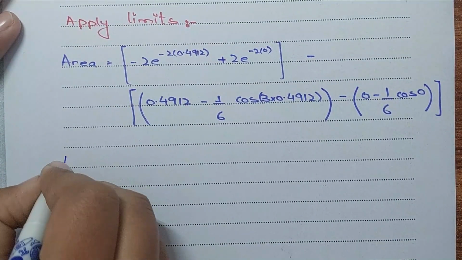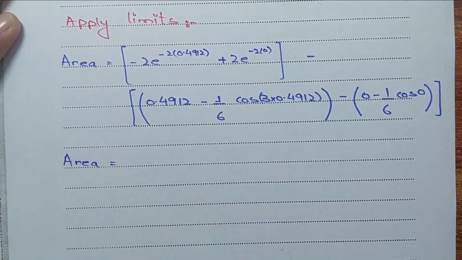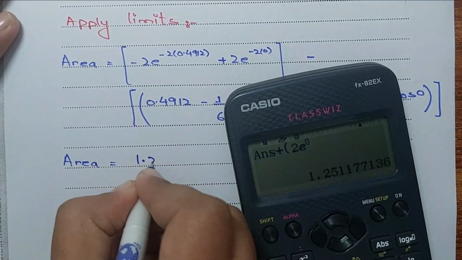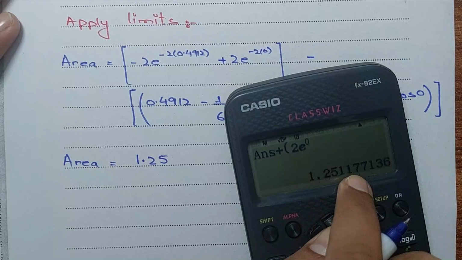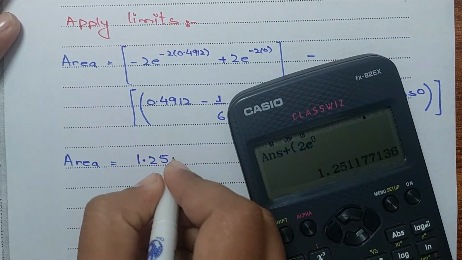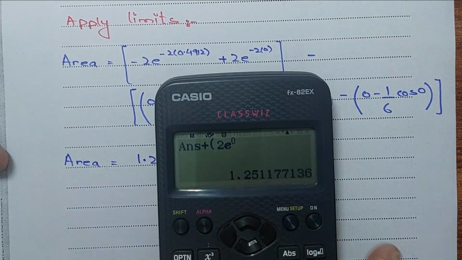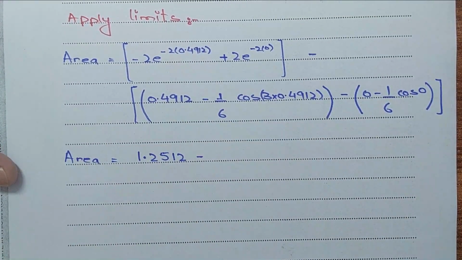Okay, so the area becomes minus 2 e to the power minus 2 times 0.4912, and this plus 2 e to the power 0. That gives 1.25, up to 4 significant figures, 4 decimal places, and subtract. Simplify this one first.